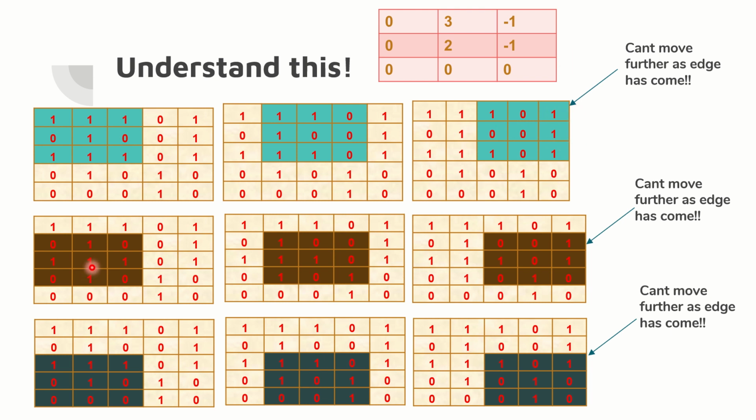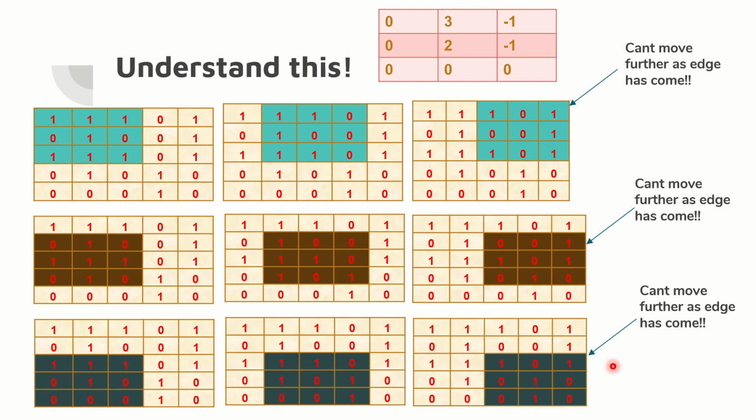Now let me come down. I have started here with 3 cross 3, moved here, strided here, actually it is sliding, and then I have moved here. Here also there is an edge, and further we cannot move, it all stops there. Now I move further lower. So I take the last three rows, slide it further, and you can see that it has come to a place where we cannot move it further, because there are edges there.